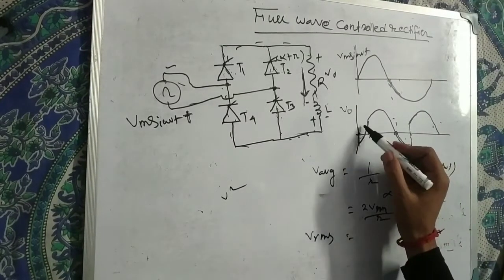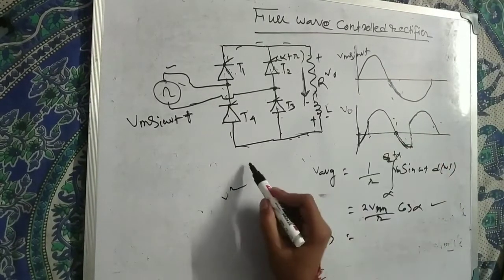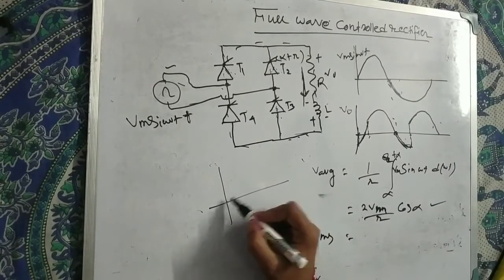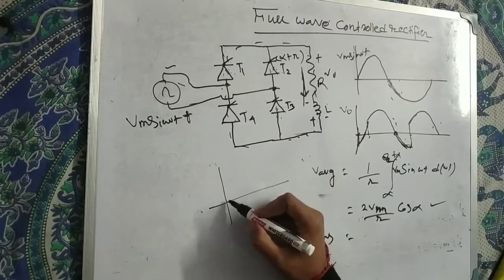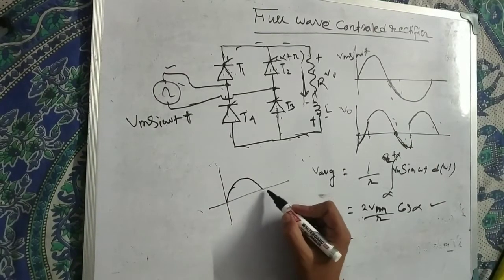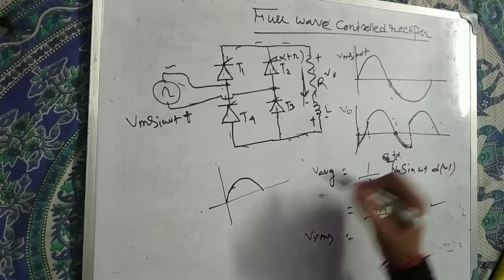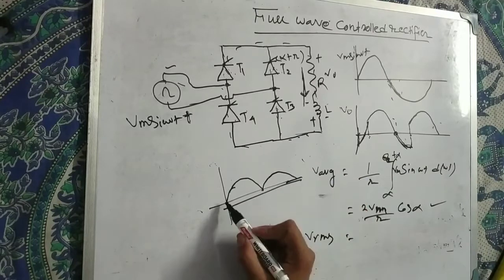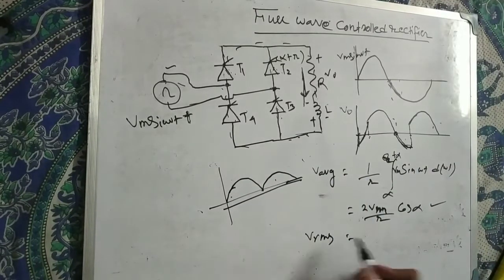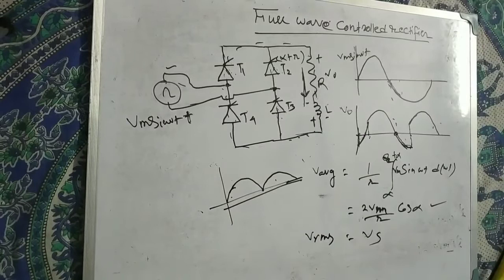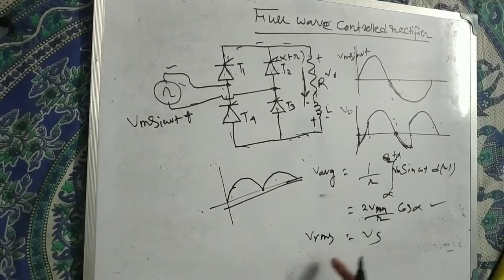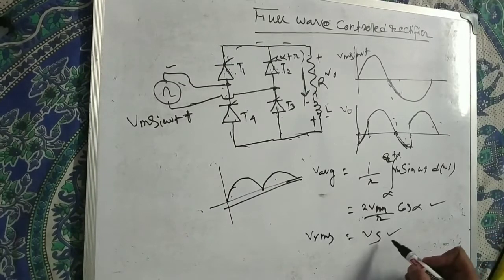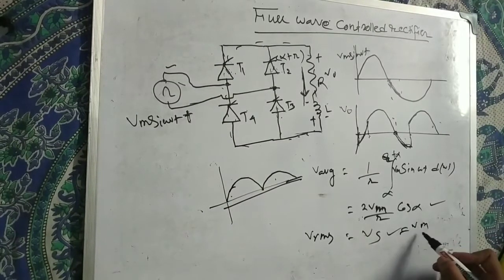If we square the negative part, it becomes positive, so we get a positive sinusoidal value. So the RMS value equals the source value, VRMS equals V source RMS, which is Vm by root 2.